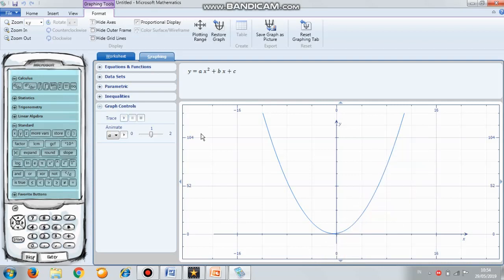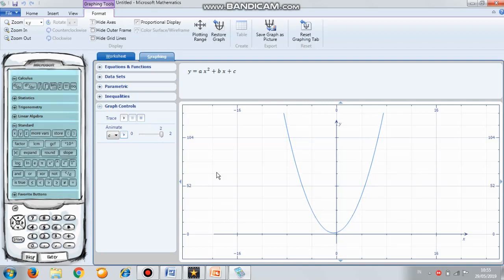Also, we can animate the variables of the quadratic equation. We can animate the a variable, b or c variable. So it will be the display of the animation like this. It will have an impact on the graph if we animate the a variable, b variable, and c variable.